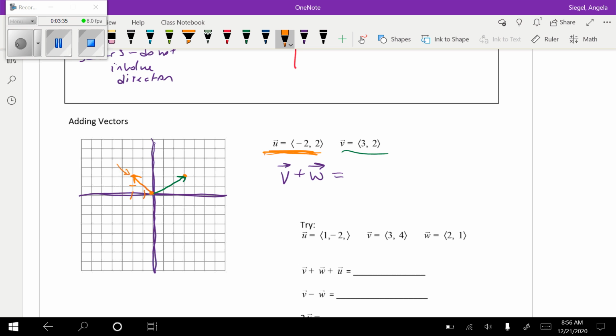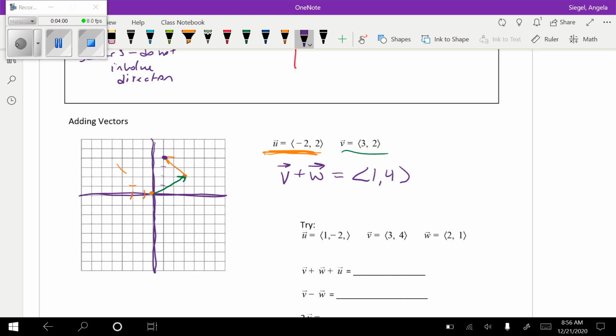Notice how we went up 2 over 2, so we're going to go up 2 over 2 here. That ending location is going to be the answer to vector V plus vector W, which is 1, 4.